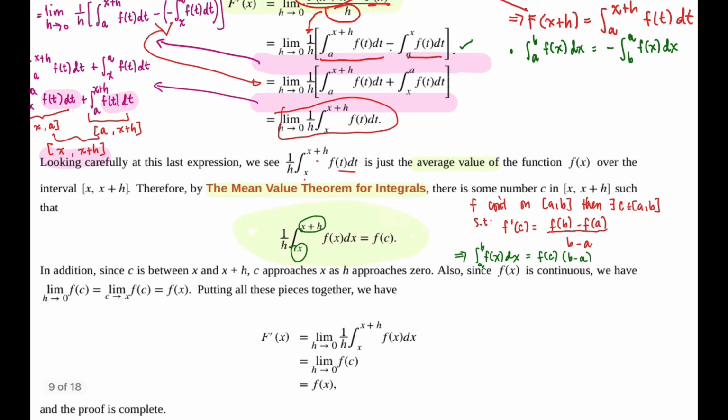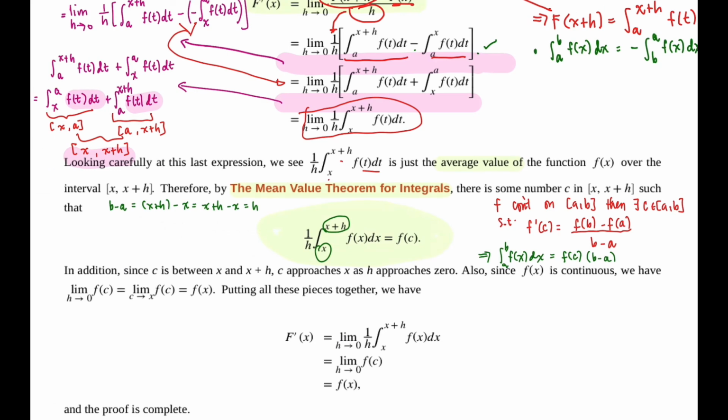So b minus a would be the upper bound minus the lower bound, which is x plus h minus x, or h. So for this notation, b minus a is equal to h.